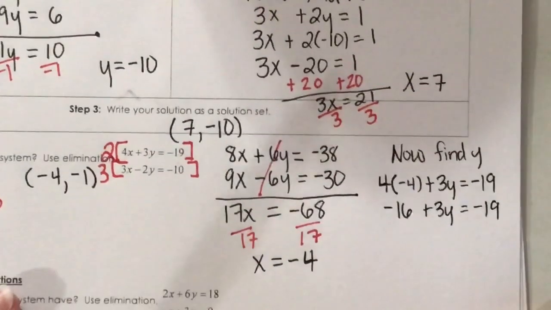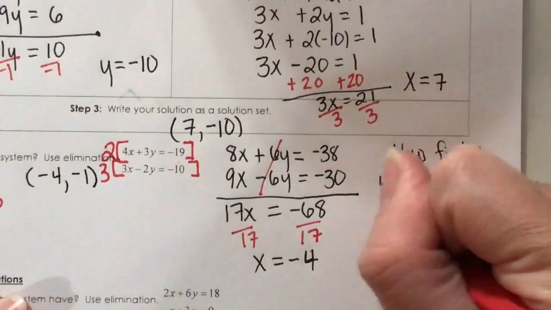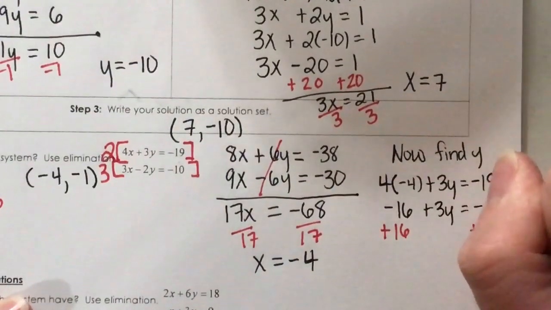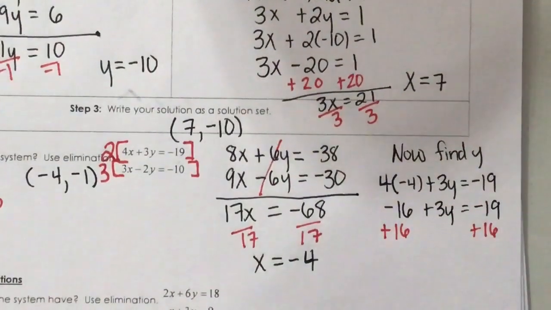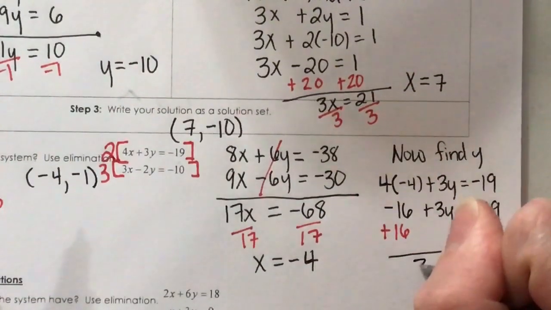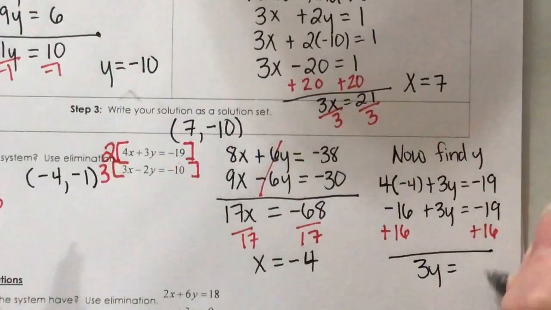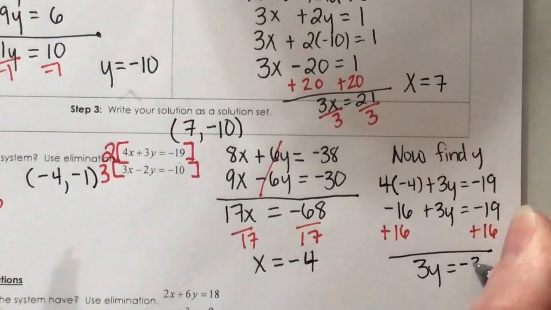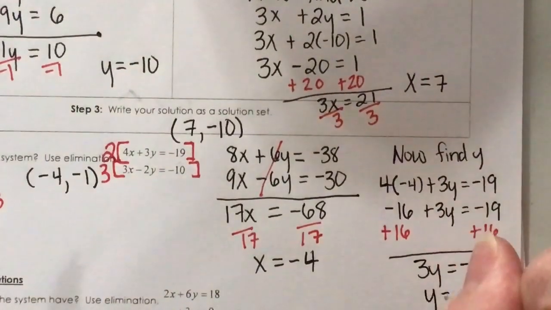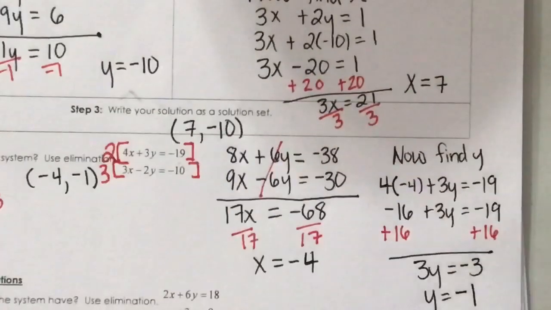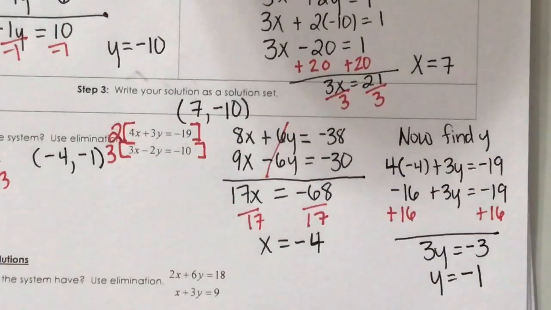Add the 16 to the negative 19. So 3y is equal to negative 3, and y is equal to negative 1. Okay. So there we are. We now know that we have a common point of negative 4, negative 1.